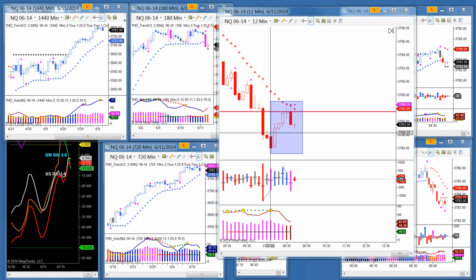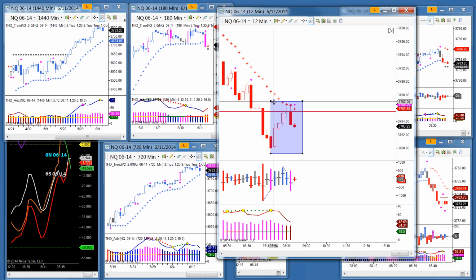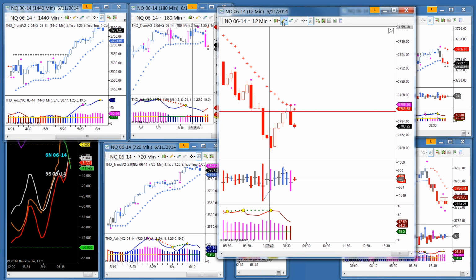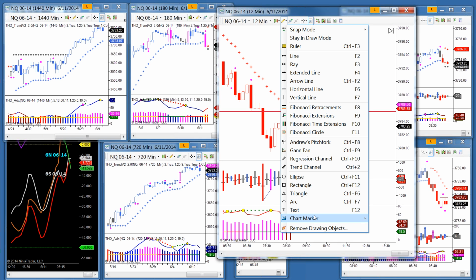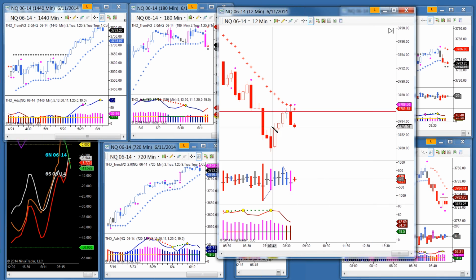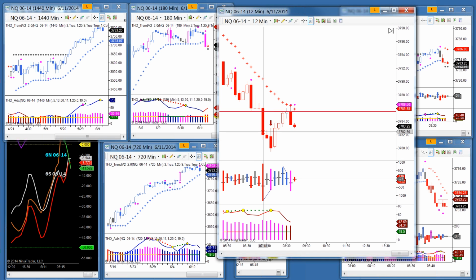This low was lower. Let me get rid of that for a moment. This is the outside bar, Dan. And I'll mark that one for you. This is the outside bar right there. So this was a low. This is lower.